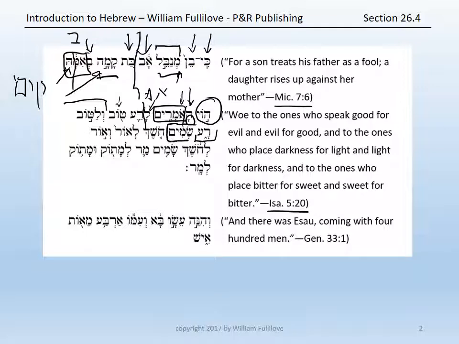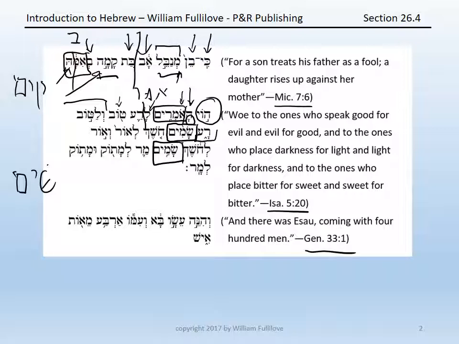Then, another participle, parallel to omerim, samim, Qal participle masculine plural, this time of sim, the hollow root. The ones who put choshekh l'or, darkness for light, v'or l'choshekh, or light for darkness. And then the same participle again, samim, the ones who put mar l'matok, bitter for sweet, u-matok l'mar, and sweet for bitter.